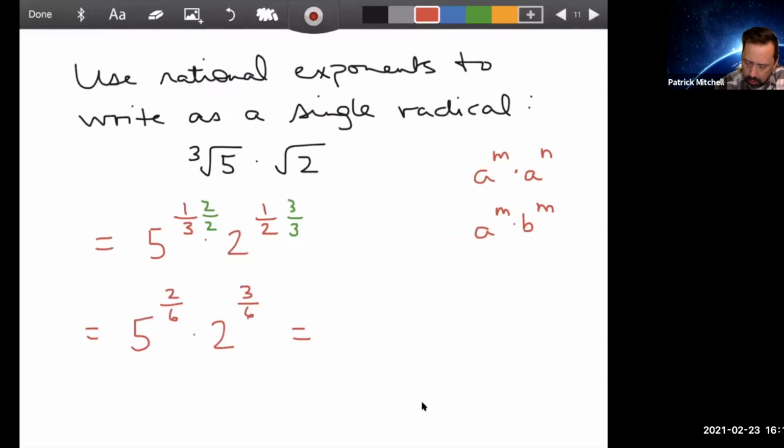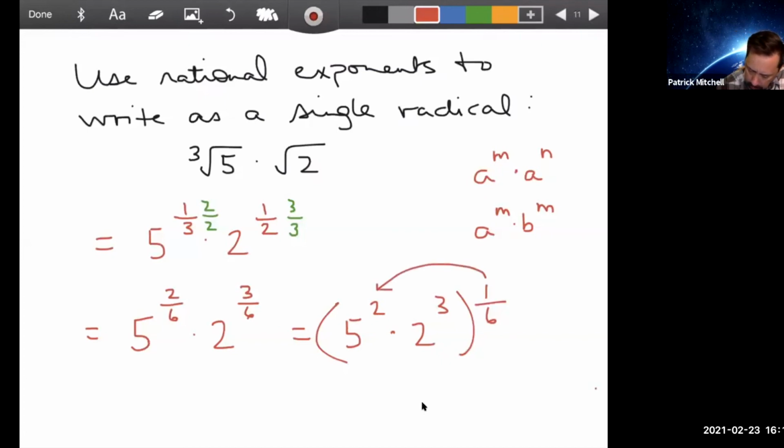And now I am going to do this. See if you can see where this comes from. It almost reminds me a little bit of factoring. I'm peeling out that 1/6 because 2 times 1/6 is 2/6, and 3 times 1/6 is 3/6.